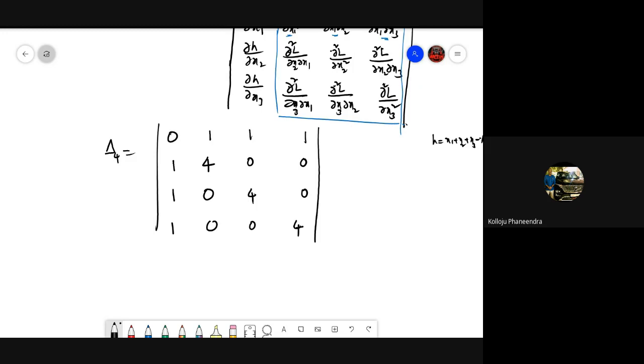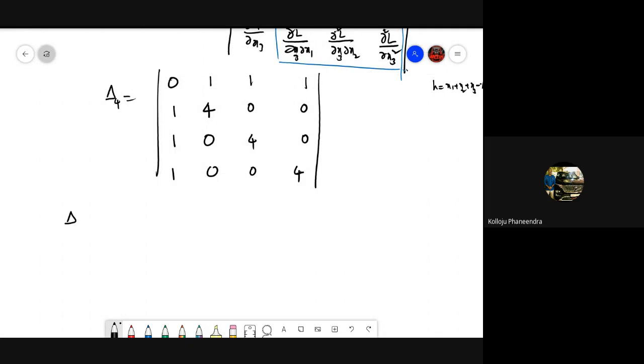Now this is a 4 by 4 matrix. What I have to consider now? Delta 3. See the conditions. Already I told you the conditions. Find delta 3, next delta 4. Delta 3 means the first 3 by 3: 0, 1, 1; 1, 4, 0; 1, 0, 4. What is its determinant?